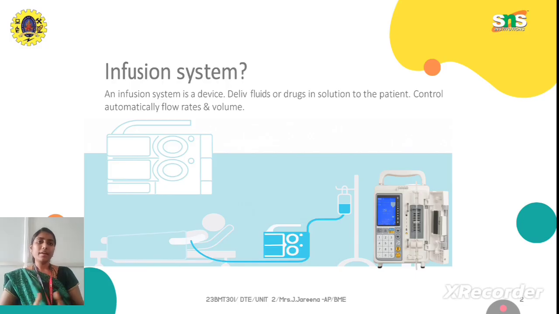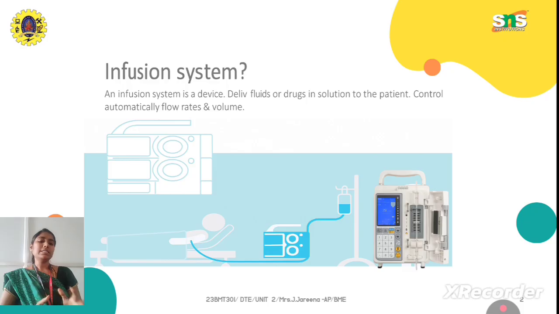So if you take any drug delivery system, for example, an infusion pump or syringe pump, these are medical devices which are used to deliver or infuse fluids or drugs into the patient in a precise, controlled manner over a period of time. That is the main importance of using this infusion pump.